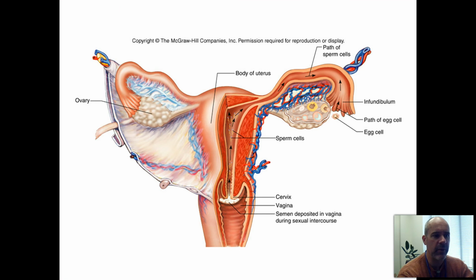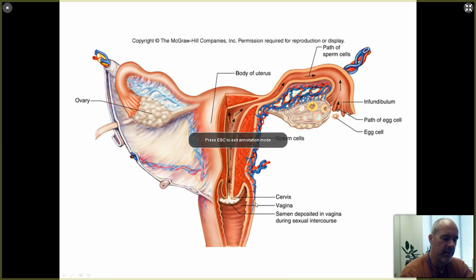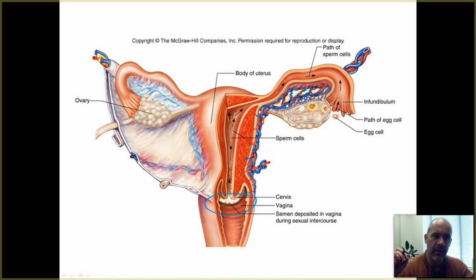So here's a diagram from your textbook. The semen, of course, gets deposited right in here at the opening to the cervix, the external os of the cervix, and then the sperm are going to swim up into the uterus, and also the uterus contracts.